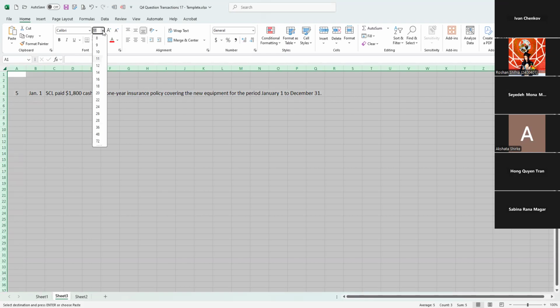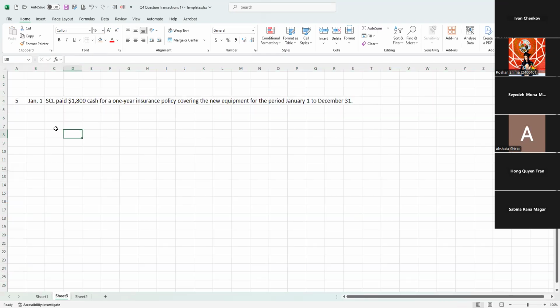Did I use the insurance? Yes. For how long did I use the insurance? For 1 month. The insurance is $1,800, so what do I have to do? I have to take the total amount and divide by 12. Per month, yes.